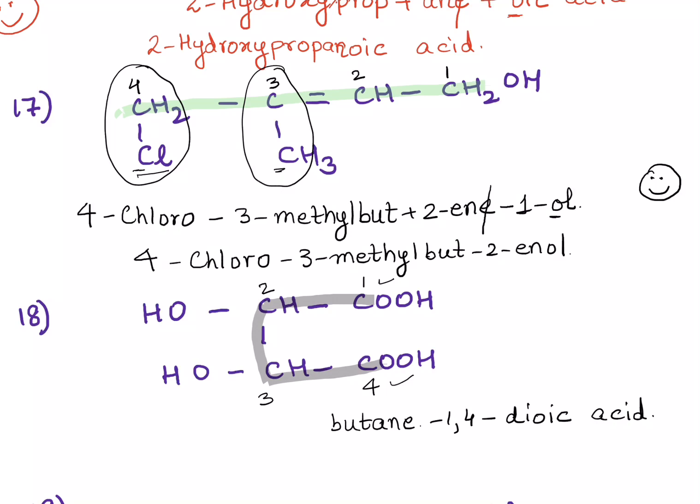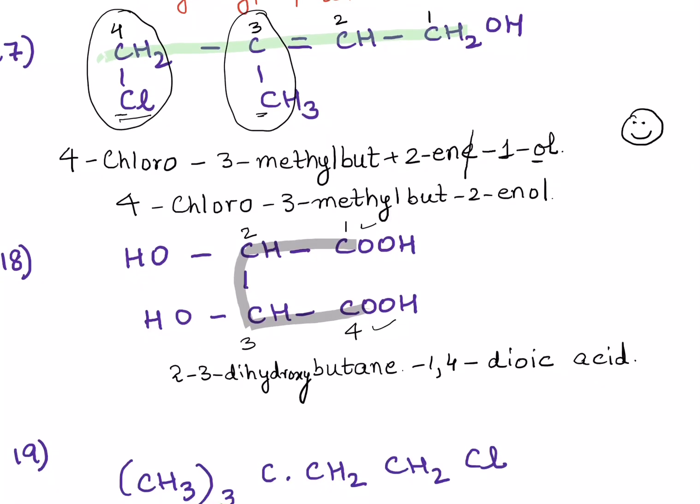It is 2,3-dihydroxy. Notice the difference. When this is the primary functional group, we write it as ol, alcohol. But when this becomes the secondary group, we always write it as a prefix, hydroxy.